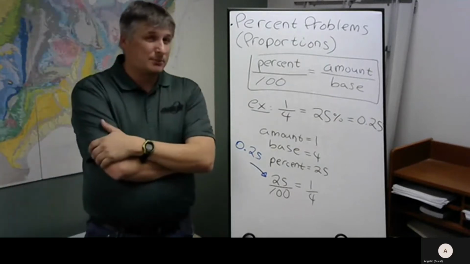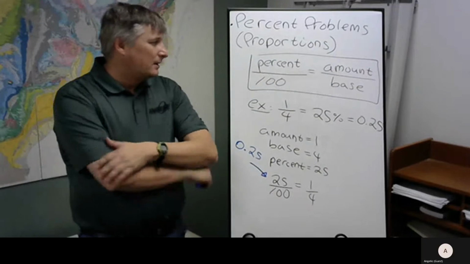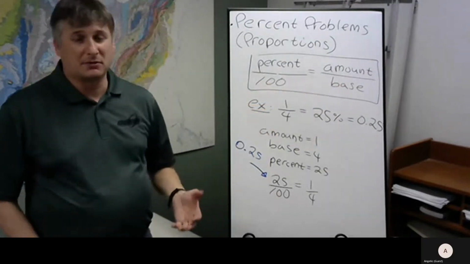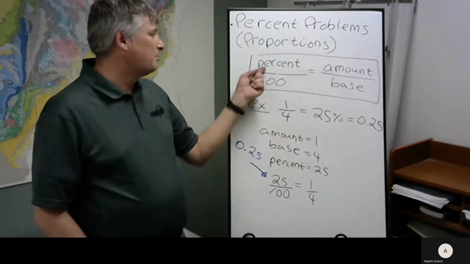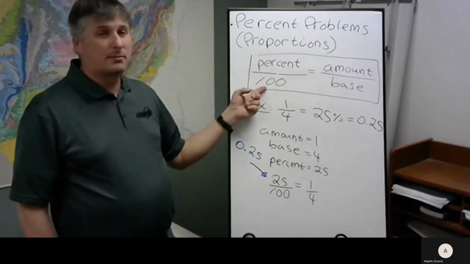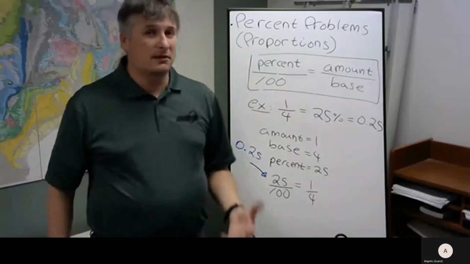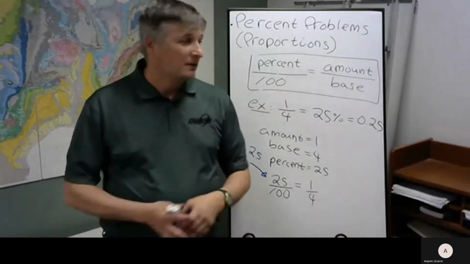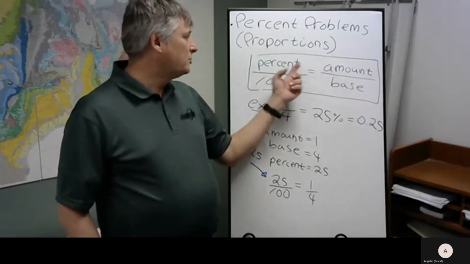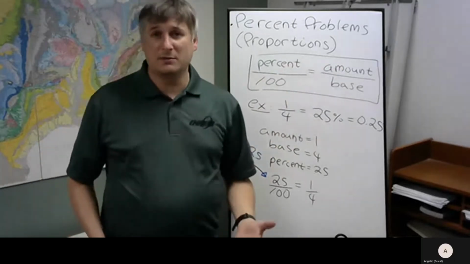Now the types of problems we're going to be getting, the percent, the amount, or the base are going to be missing. I'm going to use an abbreviation, PAB. Now this 100 under the percent, it'll always be there under the percent. It'll never go away. So this is always a given. We'll also be given 2 of these. One of them is going to be missing.